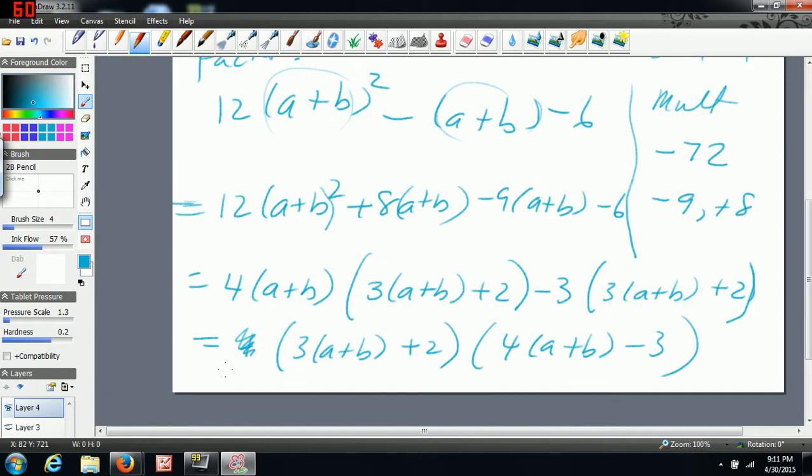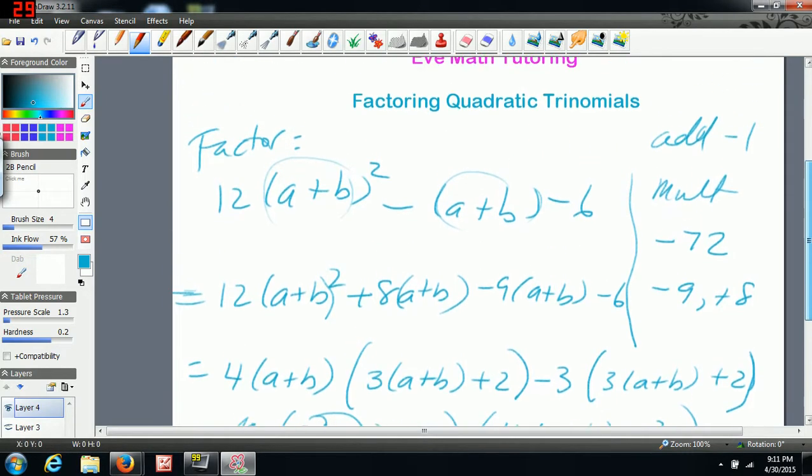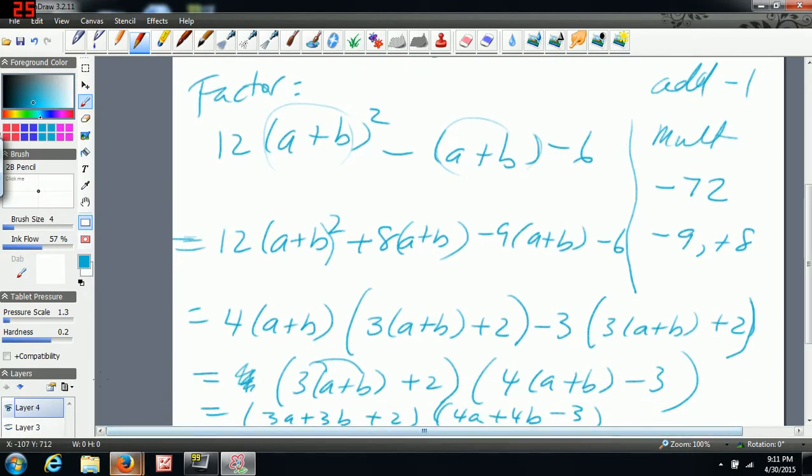Now, because we've got some brackets here, I would say to go ahead and simplify this and open up the brackets. So you'd have (3a plus 3b plus 2) and then (4a plus 4b minus 3). So that would be your final answer. Okay? So that's a little bit different there. So that's another example. Okay, so we can do a few more.